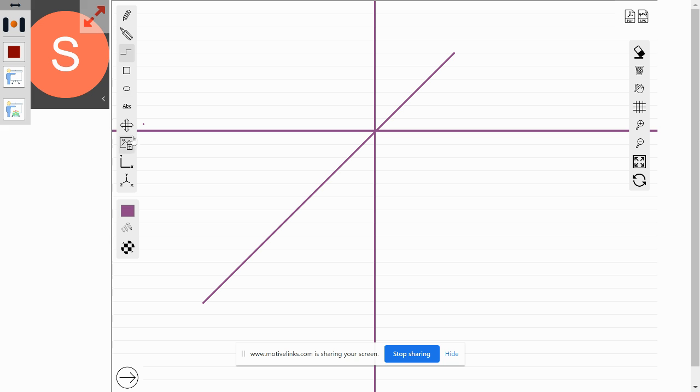Now, there's formulas for this. Now, one way is we could do y1 minus y2 upon x2 minus x1.